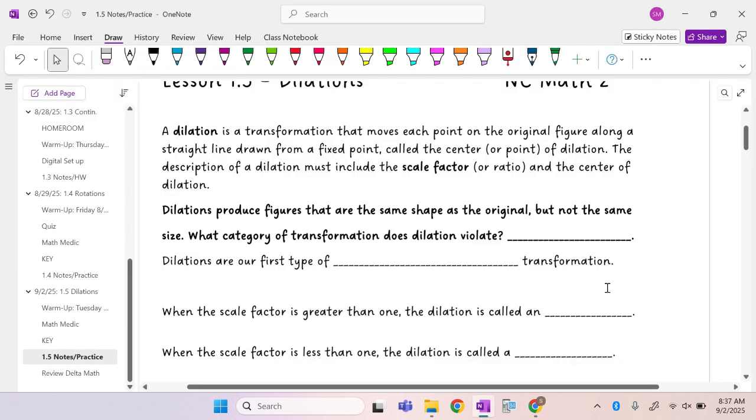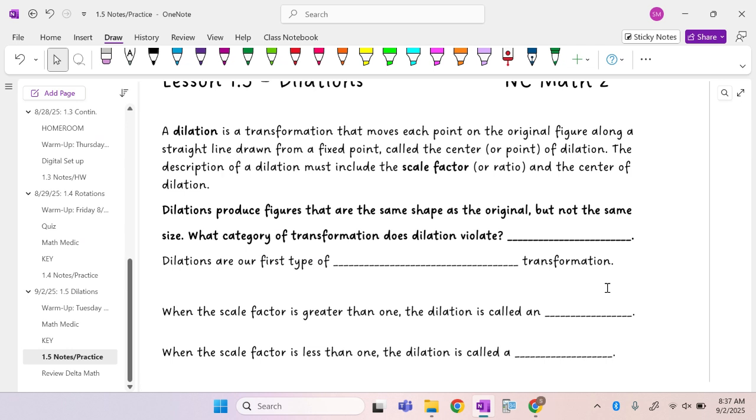All right. Yes, sir. Just create a figure with 6 coordinates.